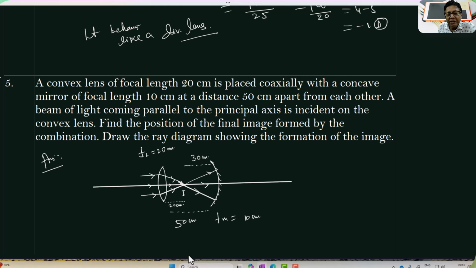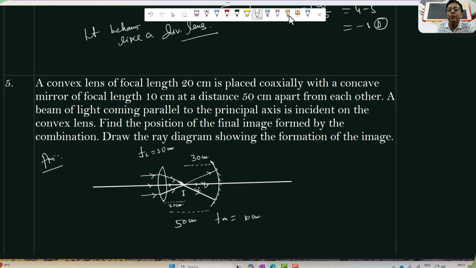The focal length here is 10 centimeter. So the center of curvature in this one is at 10. The center of curvature will be at a distance of 20 centimeter from here. Accordingly, we are going to draw the normal here. The normal will be like this.